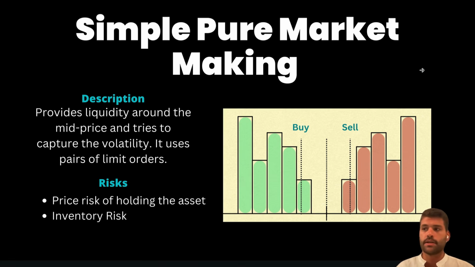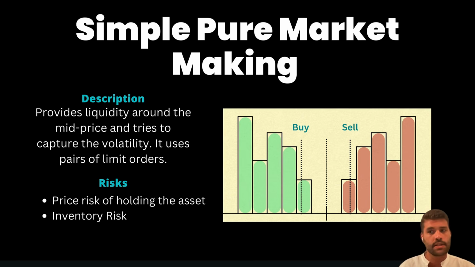Something that the father of market making, as I call him, Nico Baum, told me the first time that I started learning market making, is that you can abstract the risk into two main risks. The first one is the price risk. Every time that you are holding an asset that is volatile, for example Ethereum, the price of Ethereum can go up and can go down.